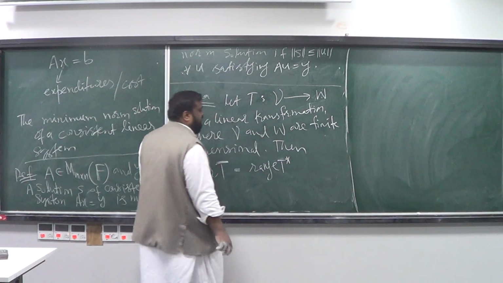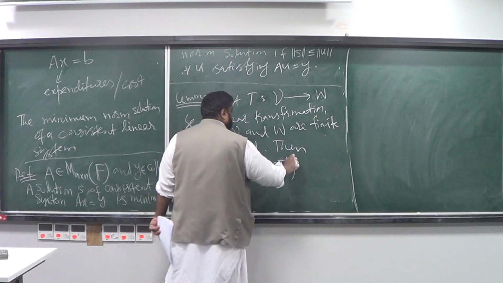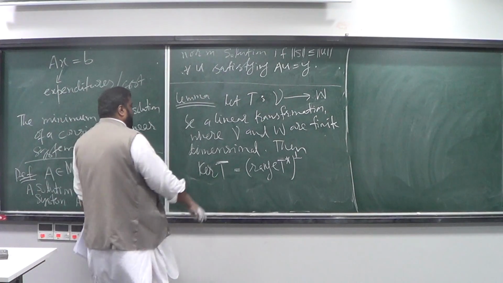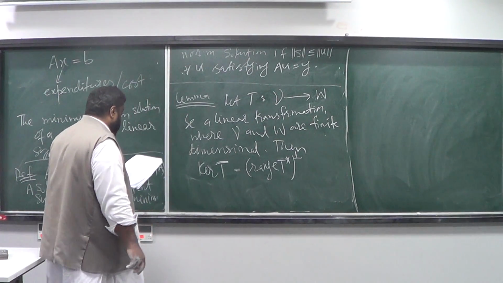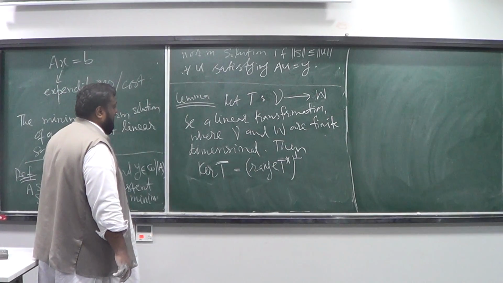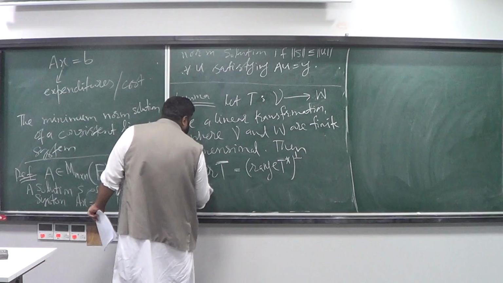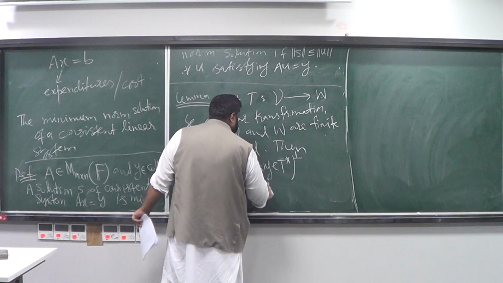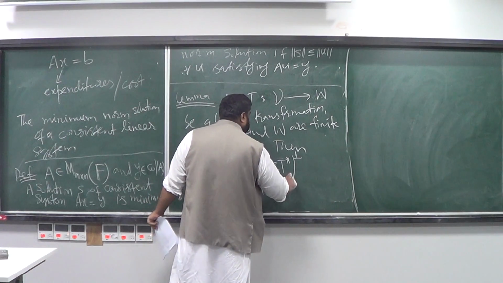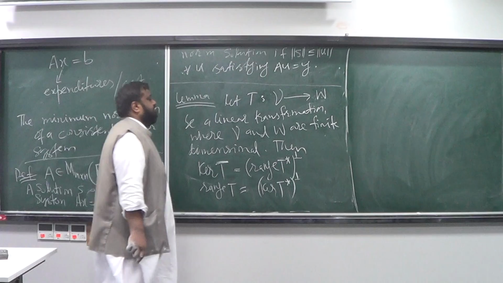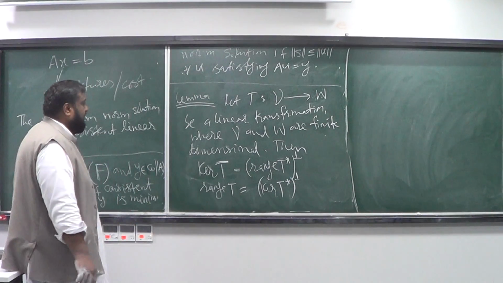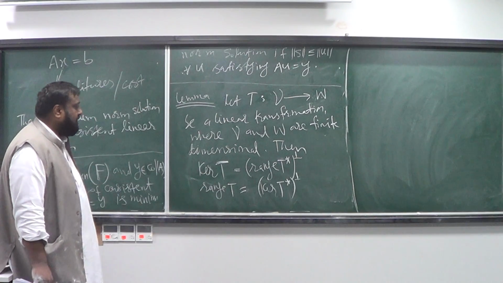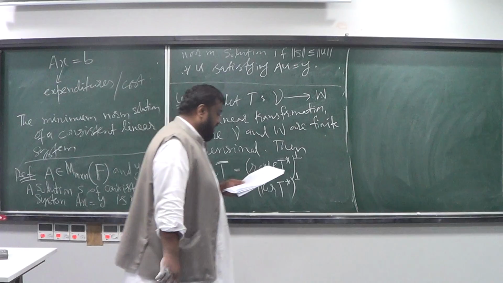So compute the range of T star and compute its perp, and that would be equal to the kernel of T. And similarly, the range of T is equal to the perp of the kernel of the adjoint of T. This is an interesting result.